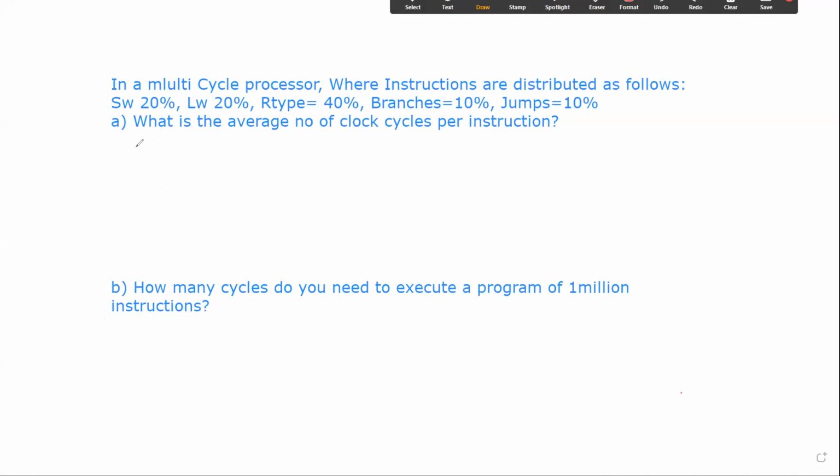Yes. 20% times the store word, I think it was four cycles. So the average equals 20% times the store taking 4, plus 0.2 times 5, the R-type 5 also. No, the R-type does not take 5, the R-type does not go to memory, right? The R-type also takes 4. In the multi-cycle, only the load takes 5. Okay, the branch, 0.1 times how much? 3. Plus the jump also 0.1 times 3.